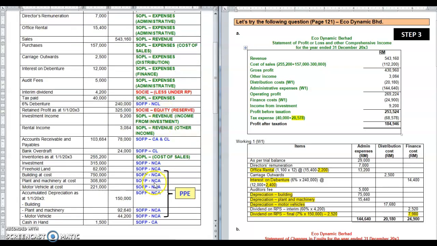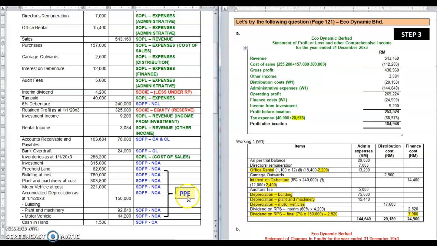Remember, last but not least, for the classification, when you have classified all these non-current assets into SOFPI, don't forget that when you want to present this item in the SOFPI, you need to group it under one accounting item known as property, plant, and equipment.